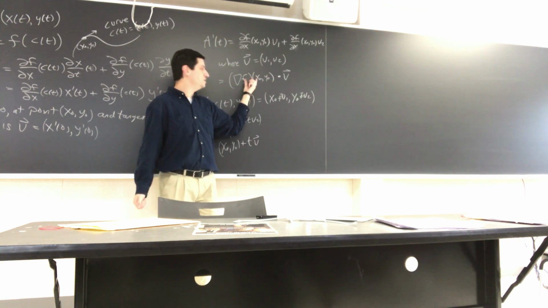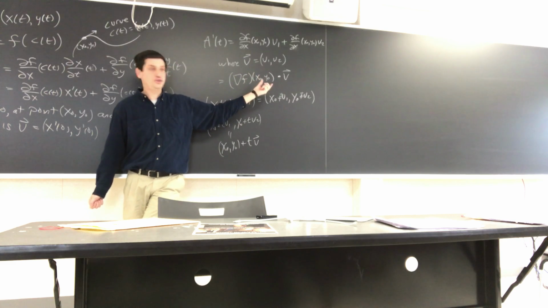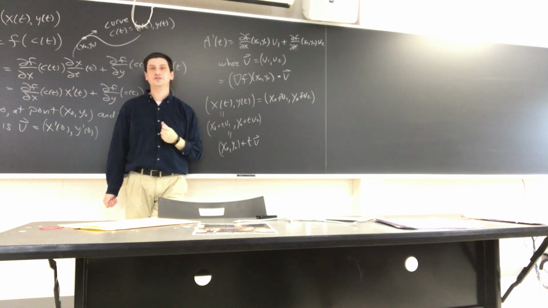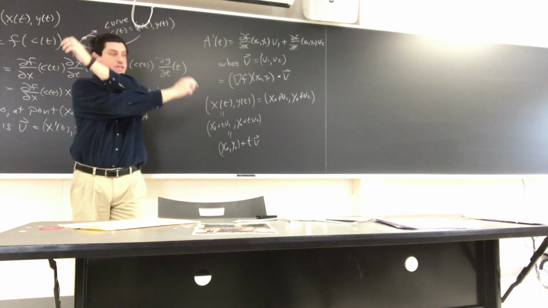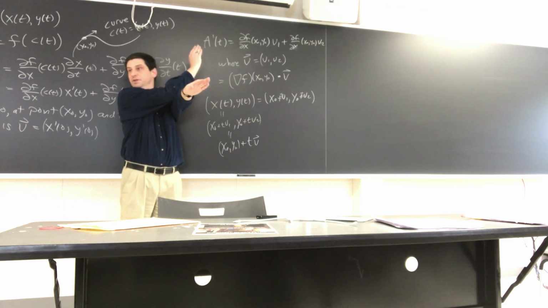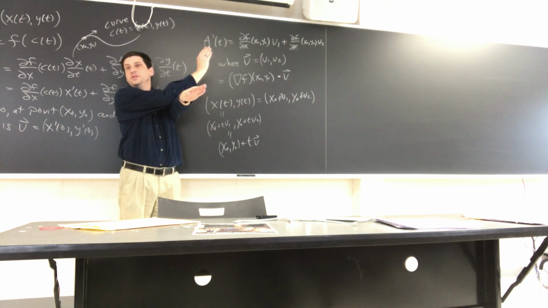So if the gradient is non-zero, what direction should I choose v to be so that this dot product is not 0? Well, if it's perpendicular to this direction, what would the dot product be? What's the dot product of two perpendicular vectors?